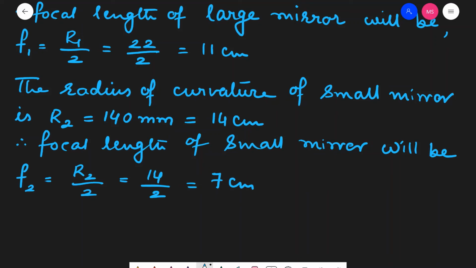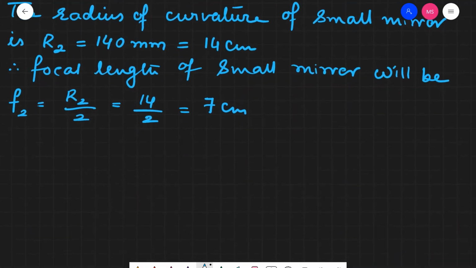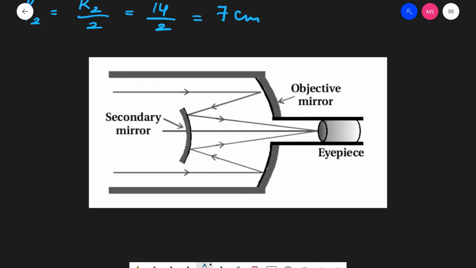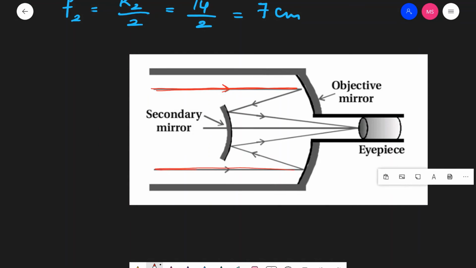Now we have to find the image distance, that is final image distance for an object kept at infinity. So to understand this, let us consider a ray diagram for that. Suppose here the object is at infinite distance, so the ray coming from that object will fall on objective mirror. This is our larger mirror, this one, right? And it will get reflected, and in the absence of secondary mirror, these rays would meet at some point over here. So you can say that this will be the principal focus for objective mirror.